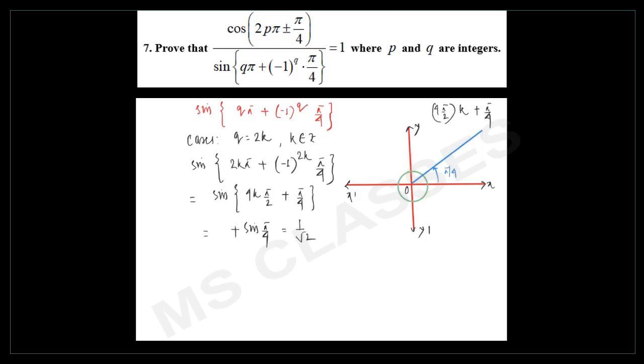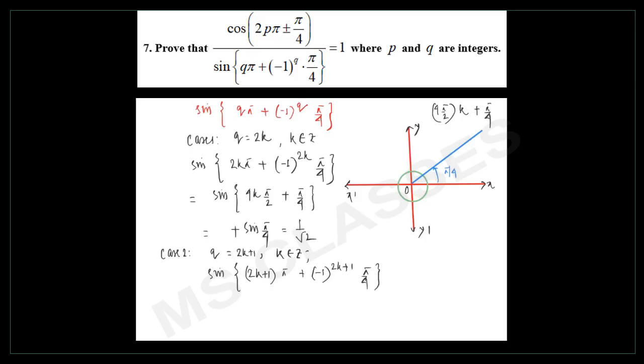Now take case 2. We take here q to be an odd number. K belongs to integers. So this will be sine 2k plus 1 pi plus minus 1 to the power of 2k plus 1 pi by 4.